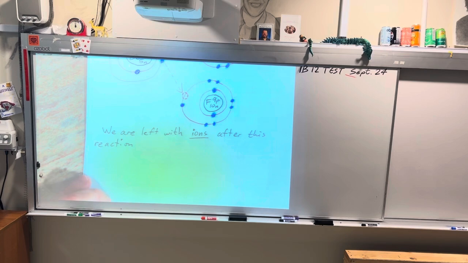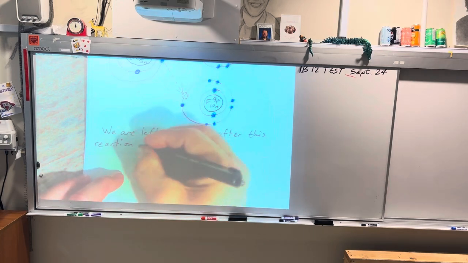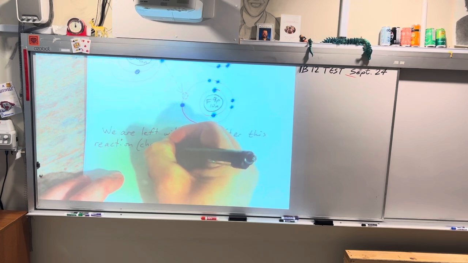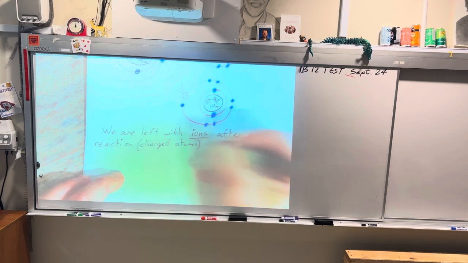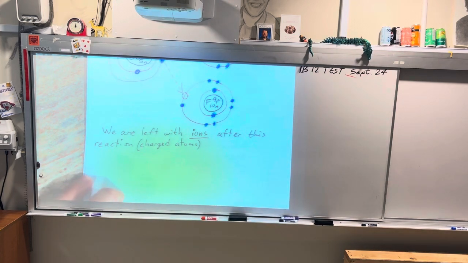So we are left with ions after this reaction. Who said something about charged atoms? Good. So an ion is just an atom with a charge, basically.